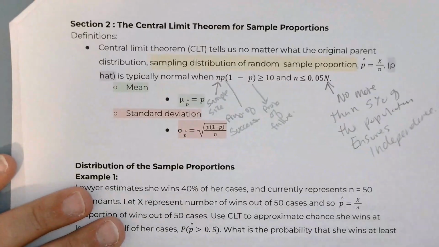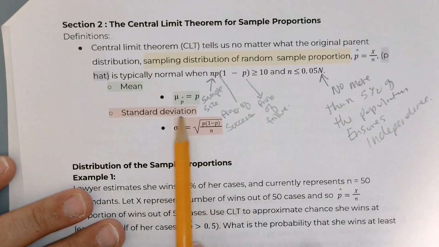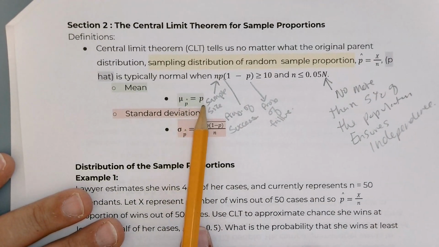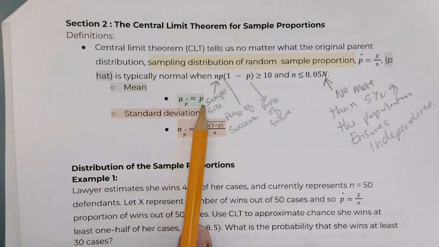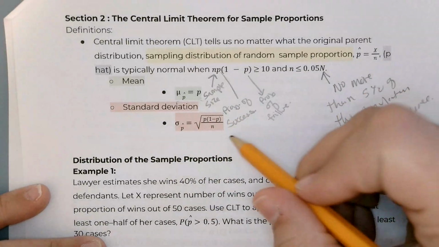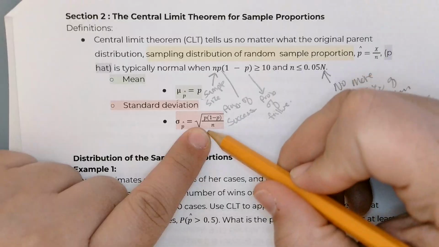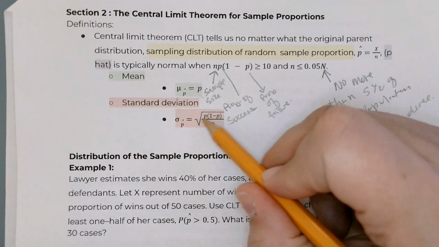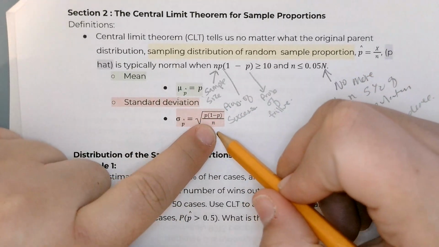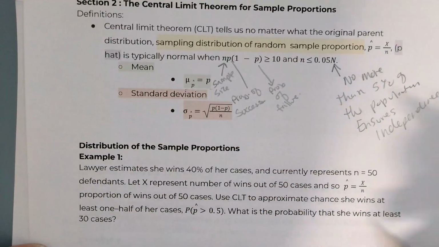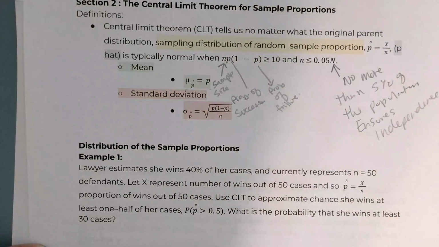Okay. So when you're looking at the equations for this, we still have our mean is our probability of success. And the standard error is the standard deviation divided by the sample size. So it's P times Q divided by N, and then you can find the square root.